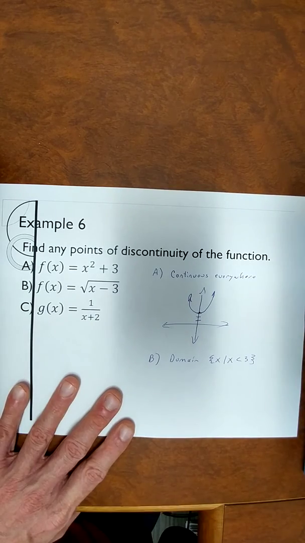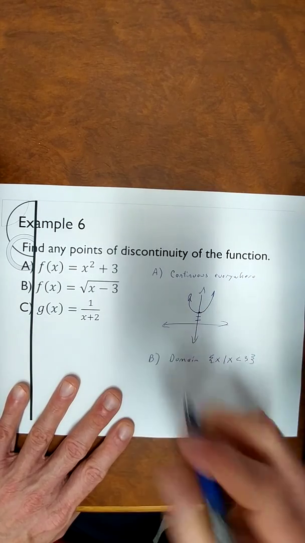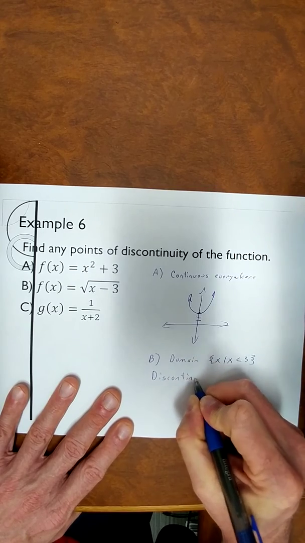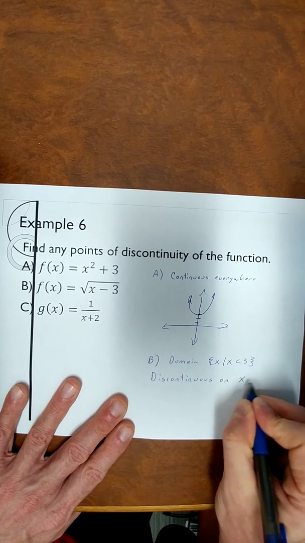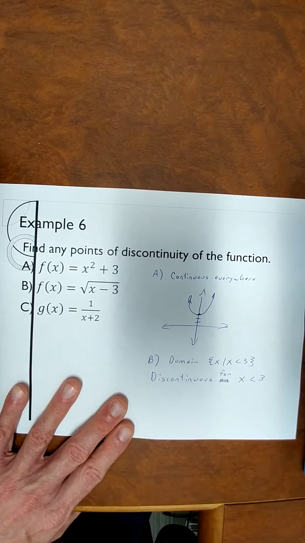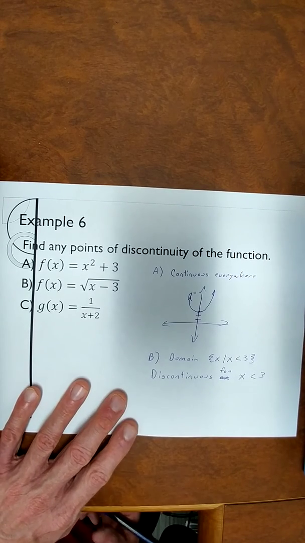Square root of 0 is 0, so that's defined. So we're looking for where it's discontinuous. It's going to be discontinuous on x less than 3, not less than or equal to 3.